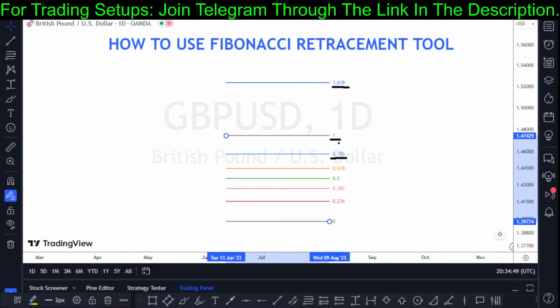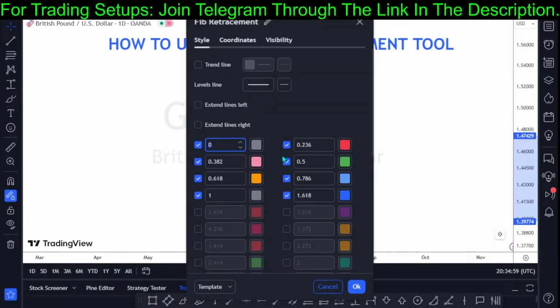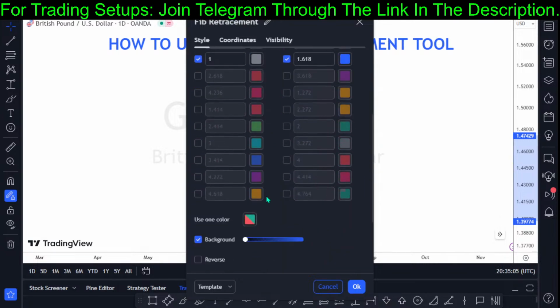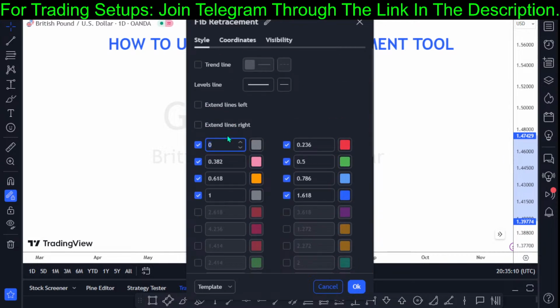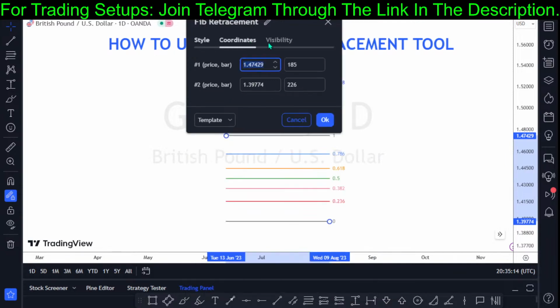There's something you need to understand about the Fibonacci retracement tool: you can set it to be in percentage, right? But I prefer to use the ratio digits. You can set it to percentage if you want. But I prefer to use the digits, right? To set this, you go on your trading platform.